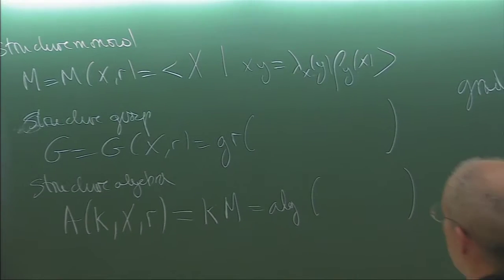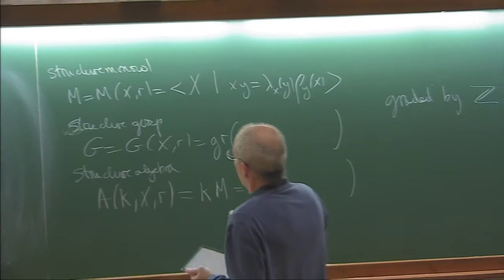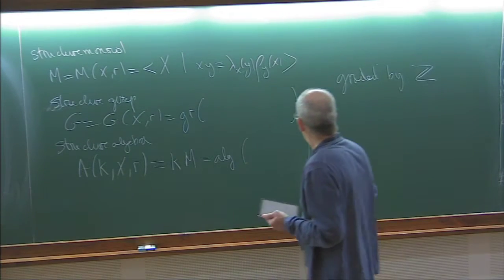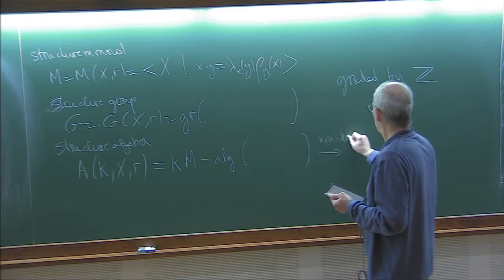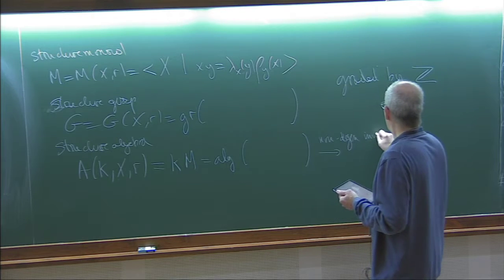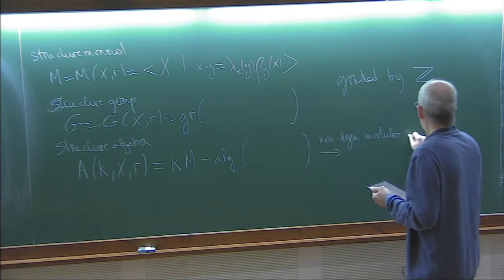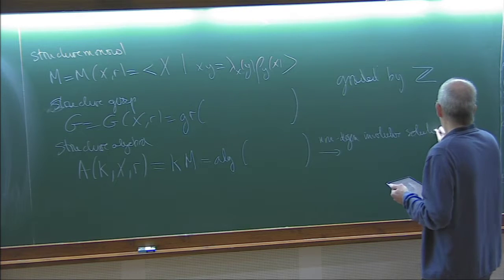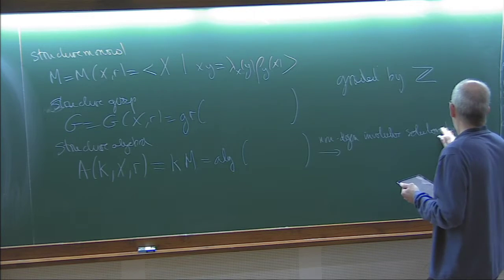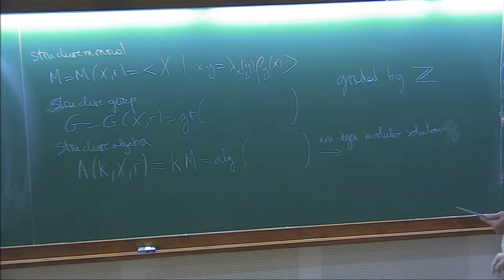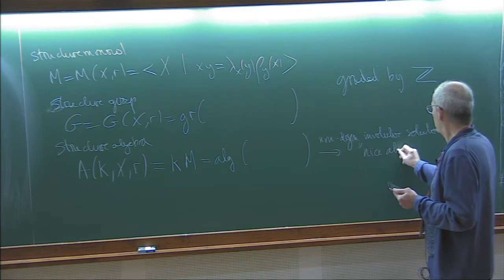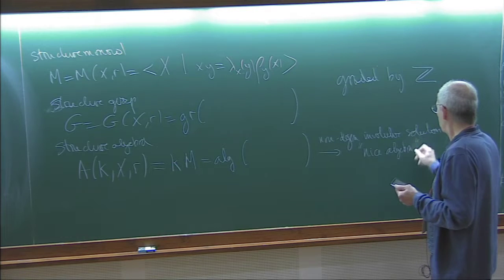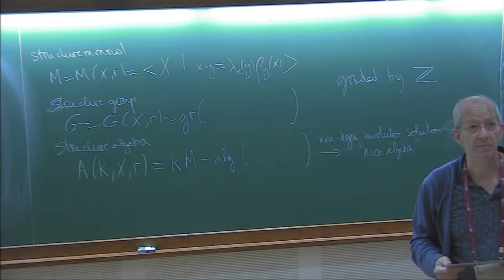Okay? Now, what is my motivation? In their paper here, Van den Bergh and Gateva-Ivanova proved if it's a non-degenerate, involutive solution, and bijective, well, that is obvious if it's involutive, then this is a very nice algebra. Because I have to define what nice means.